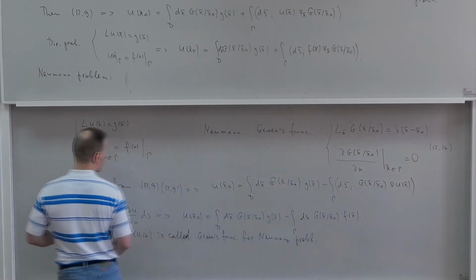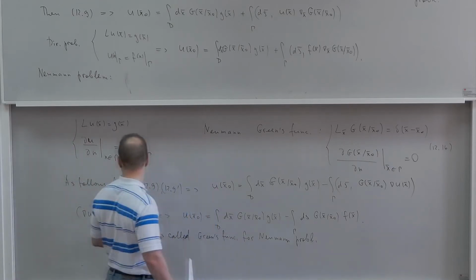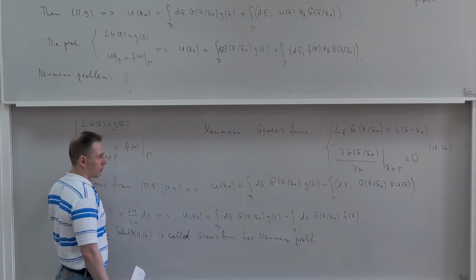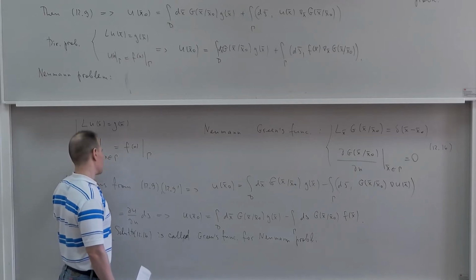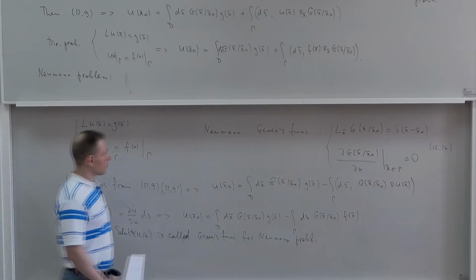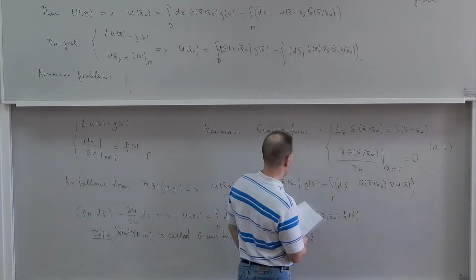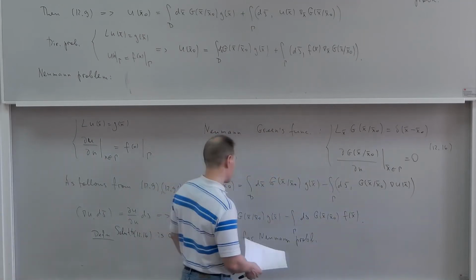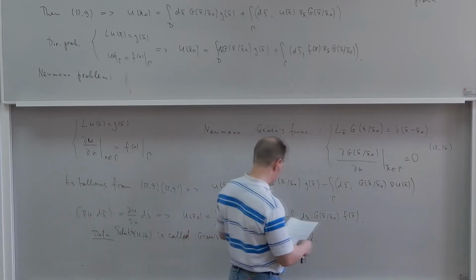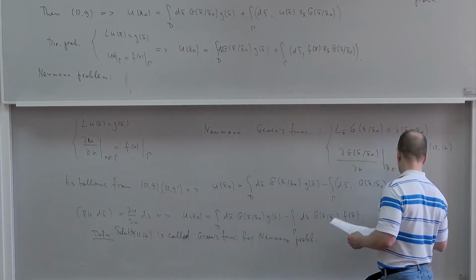And we saw that the solution for the Neumann problem for the Laplace or Helmholtz equation can be written in terms of this Green's function as some integrals. You see here, which is formula 12.18.